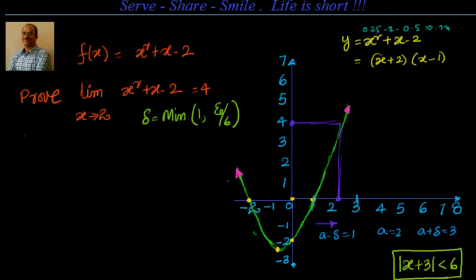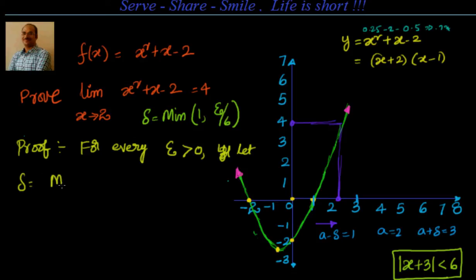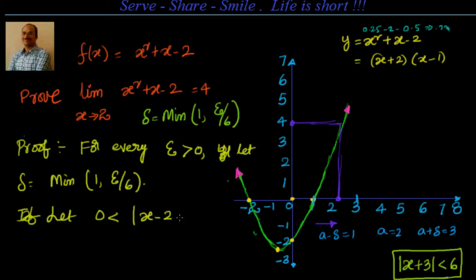We'll start the proof by saying, for every epsilon greater than 0, let delta equal to minimum of 1 comma epsilon by 6. And what we have to prove, let us say that 0 less than |x - 2|, that is nothing but |x - a|, less than delta.